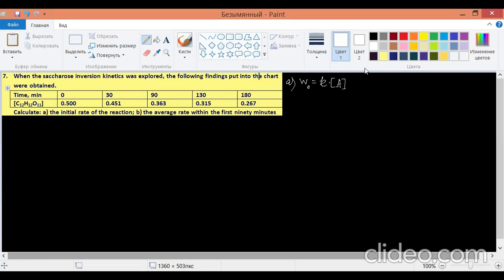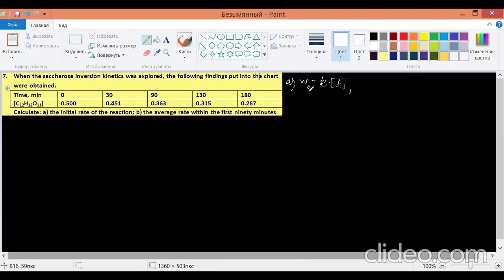Because it's so long to write it down, I need to minimize the space of the computer screen, because it's going to be a lot to be written on it. I also can assume, again, it's my assumption, that the inversion is a first order reaction. I need to prove it by calculating K, first of all.